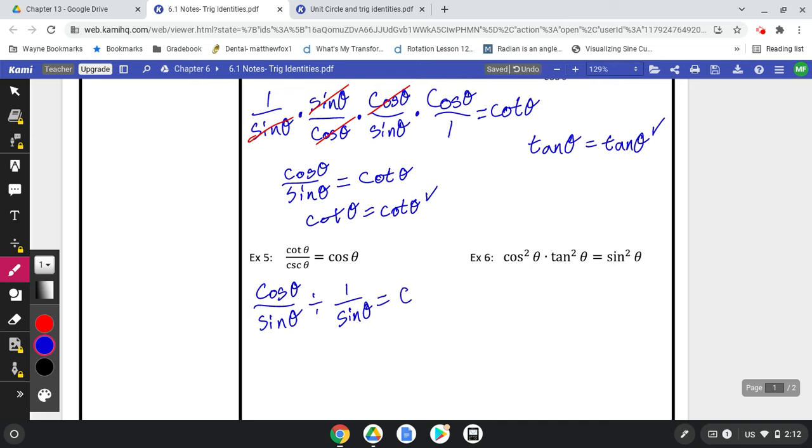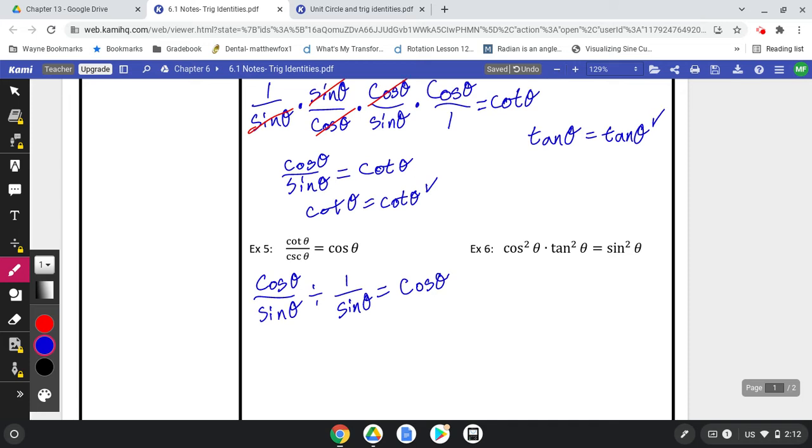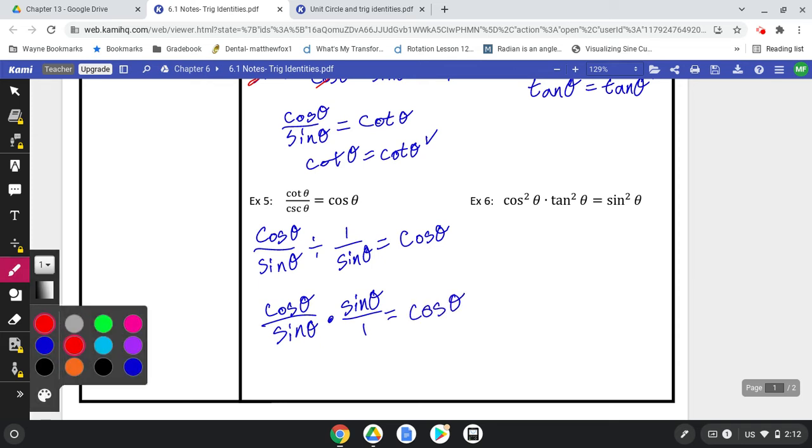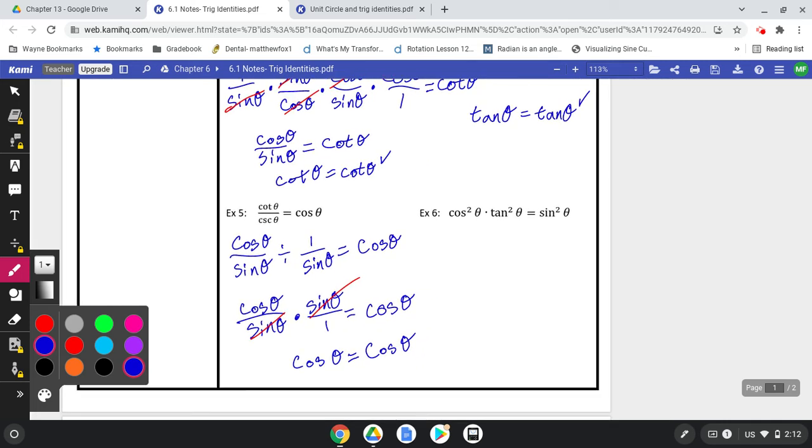So in our case, if we do the reciprocal, we'll have cosine over sine times sine over 1. The sines cancel, and cosine of theta equals cosine of theta.